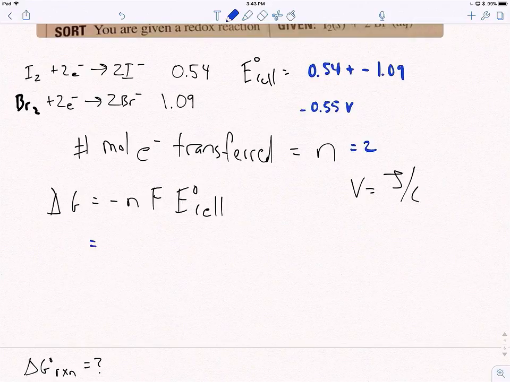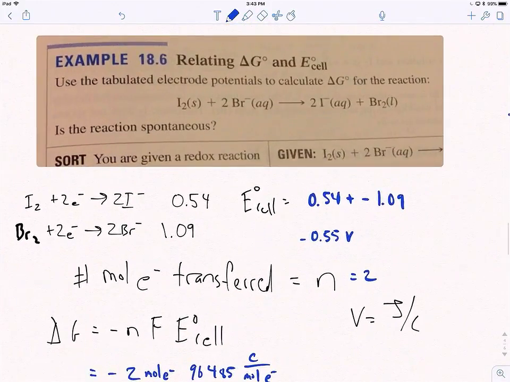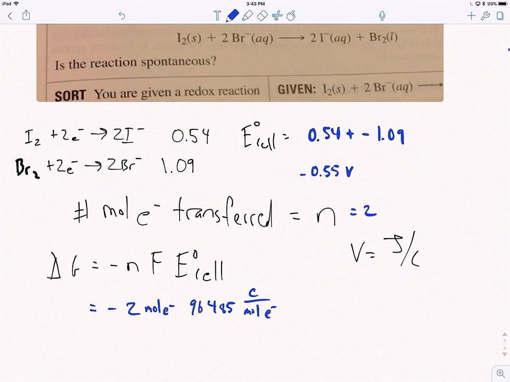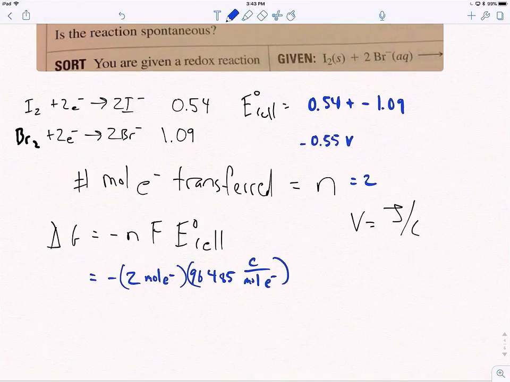The delta G is minus 2 moles of electrons times Faraday's constant, 96,485 coulombs per mole electron. That's Faraday's constant. And then the E0 cell is minus 0.55 volts.